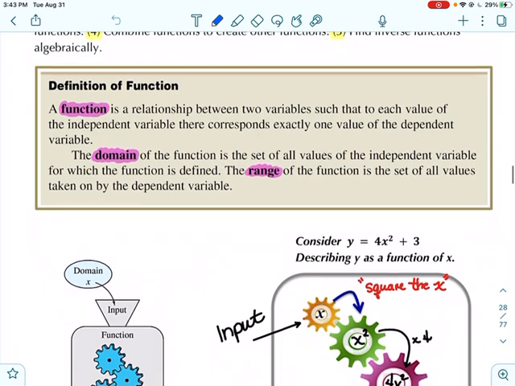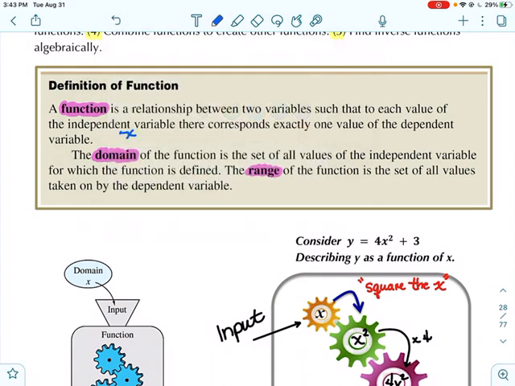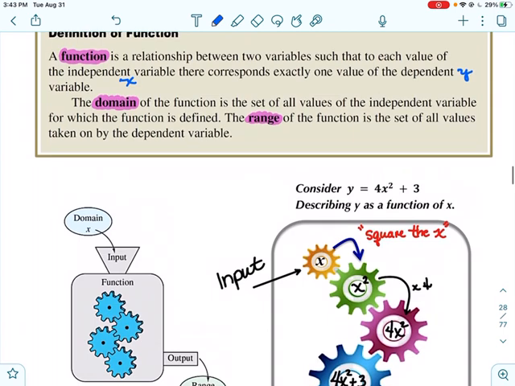The definition of a function is a relationship between two variables such that each value of the independent variable, very commonly x, corresponds to exactly one value of the dependent variable, very many times y. The domain of the function is the set of all values of the independent variable for which the function is defined, and the range is the set of all values taken on by the dependent variable, again y.